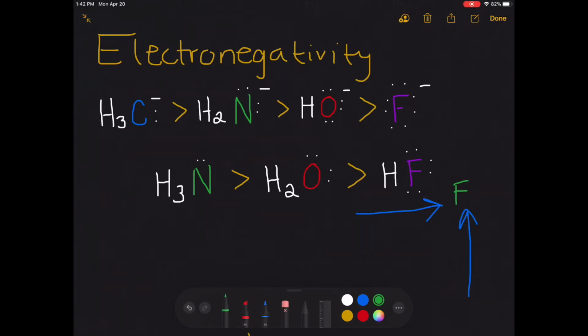So fluorine is the most electronegative, and it is better to have a lower electronegativity because looking at fluorine, you will have the electrons very closely packed together. And looking at another thing like carbon, for instance, the electrons will be a little more loosely packed together.